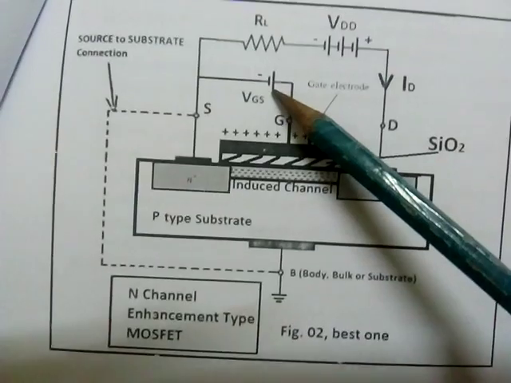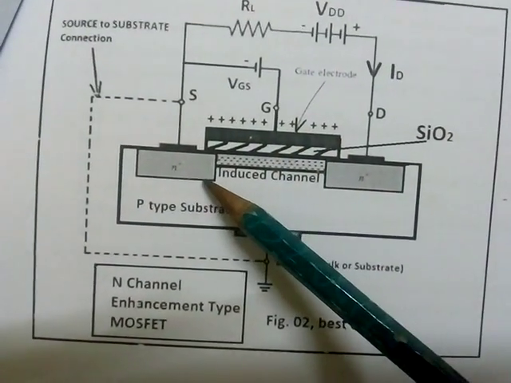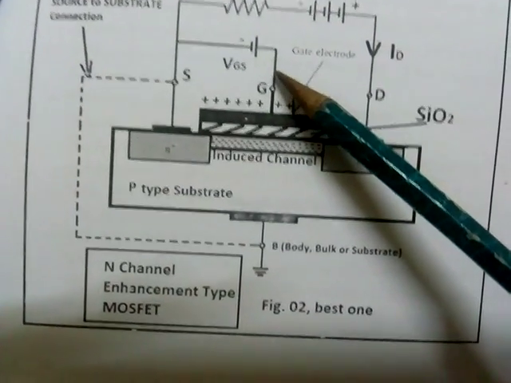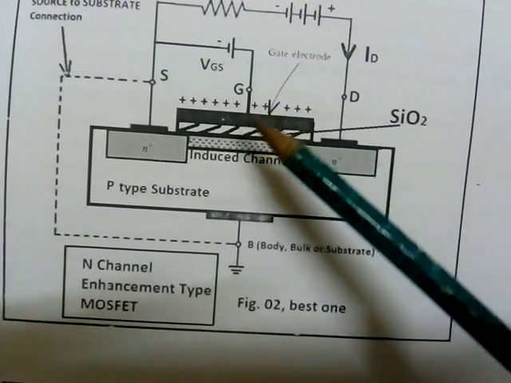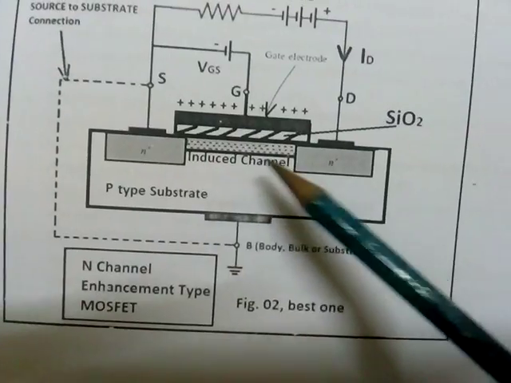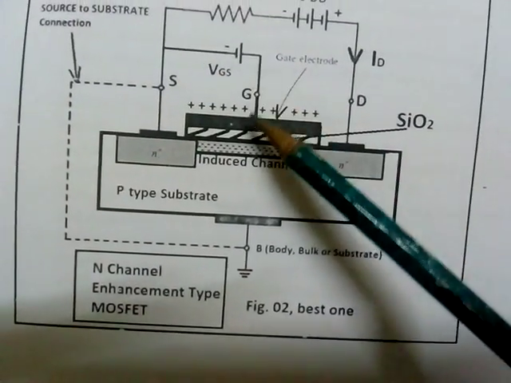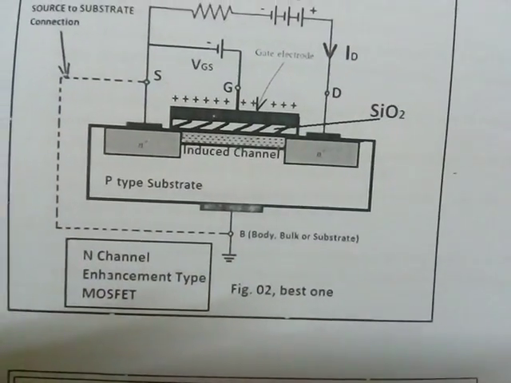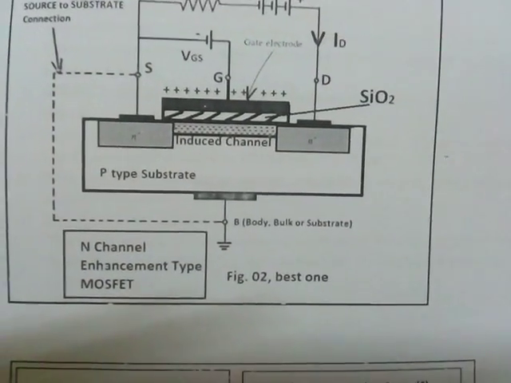If this is made high enough, then this will be fully on. If this is lesser than the threshold value, the minimum value, there will be no channel, fully off. If it is within those two values, this will act as linear, in the linear region, active region.